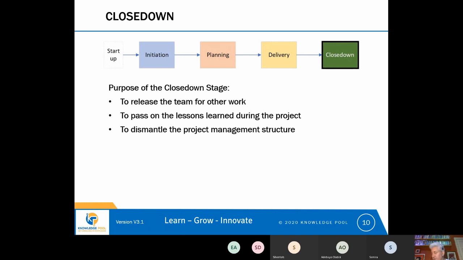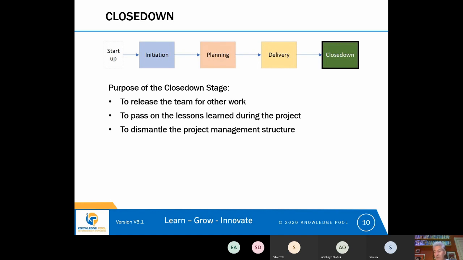And sometimes those lessons that have been learned will be very useful to the organisation if it ever runs a similar project again. For example, if a particular system has proven very difficult to test, recording that it was difficult to test and why it was difficult to test might help a future project to prepare for the difficulty.